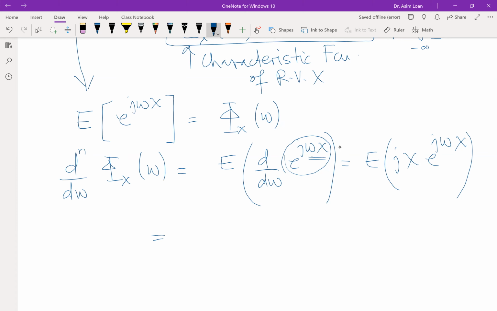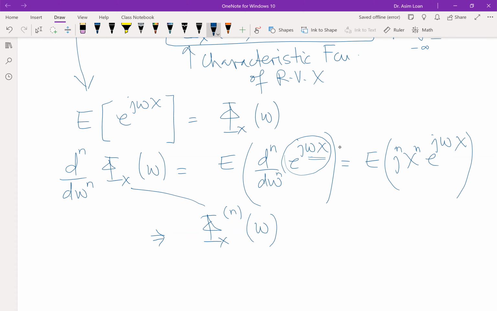So this is once. What if I take it n times? I'll always get this function times j to the n and x to the n, right? So this implies, this one is phi x, so in notation it will be like this, right?